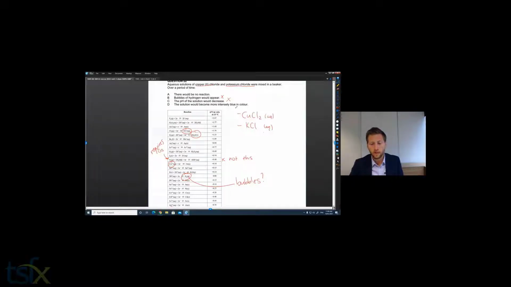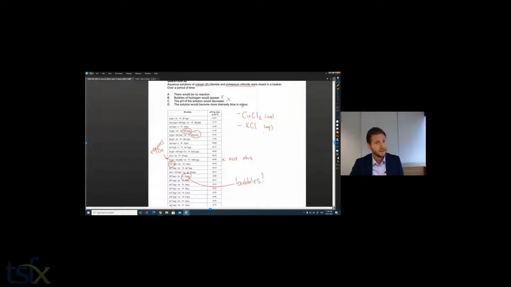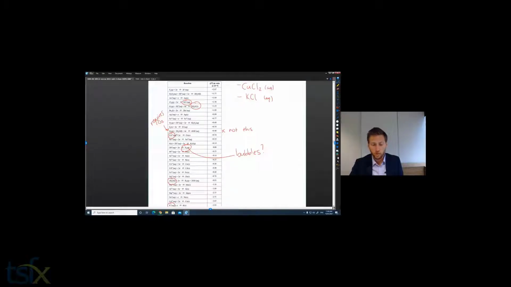The solution will become more intensely blue in color. Copper is an ion, which is a blue color. The copper ion would be reduced, if anything, so it would become less blue.